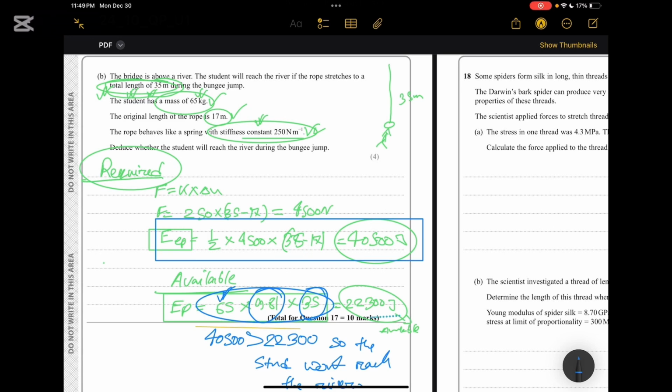The bridge is 35 meter above the river, and he only has 22,300 joule of energy. But in order to reach the river, it requires this amount of energy. So the student doesn't have that amount of energy to reach the river.